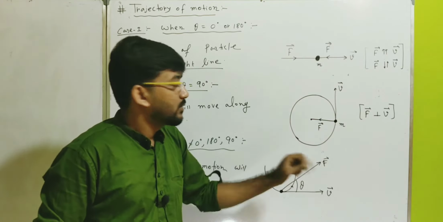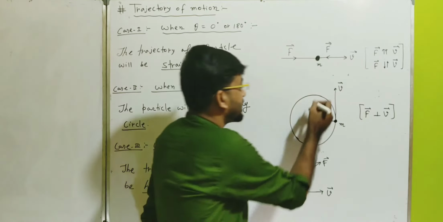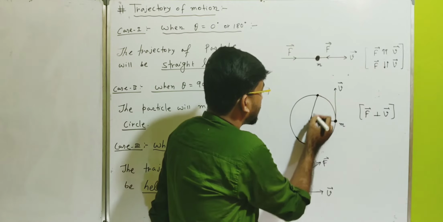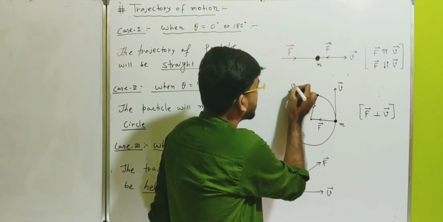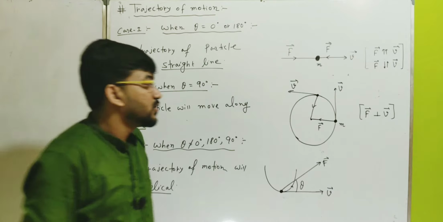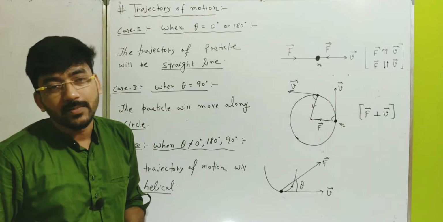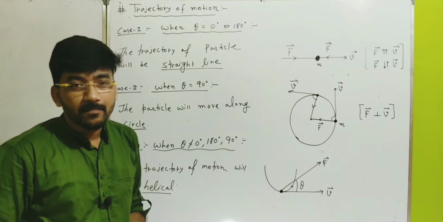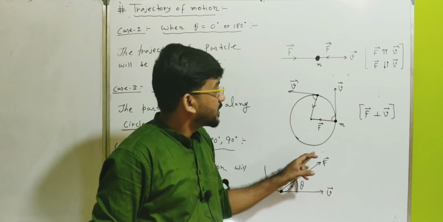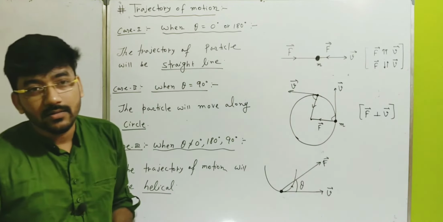But if we give the force perpendicular to its motion, that is perpendicular to its velocity, then it will follow a circular path. At each and every point, the force is in the inward direction and the velocity is along the tangent, so the angle between F and V is always 90 degrees. This is the condition for the particle to move along a circle.